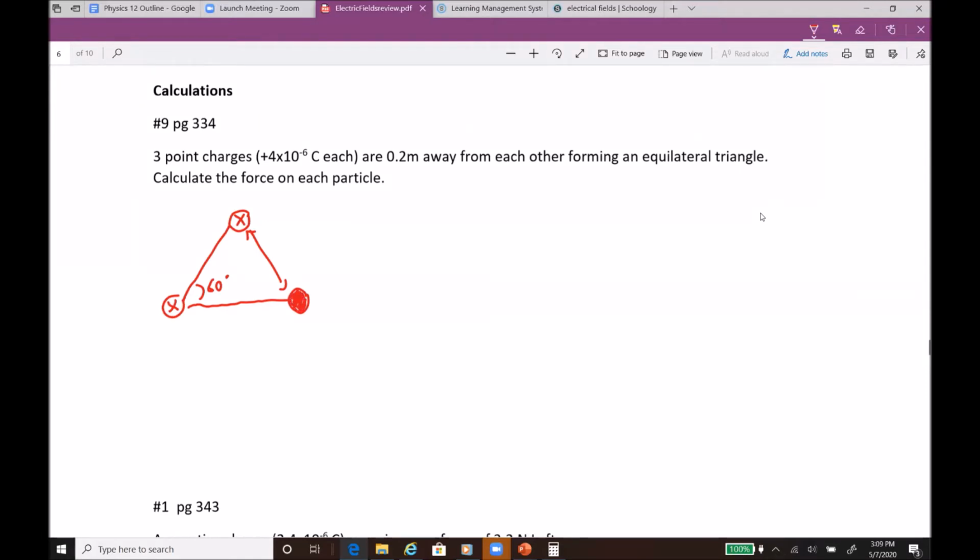So we'll call this charge 1, that charge 2, and that charge 3. Let's look at the interaction between charge 1 and 3. We're going to use Coulomb's law. We know the constant is 9 times 10 to the 9. I'll leave out the units.